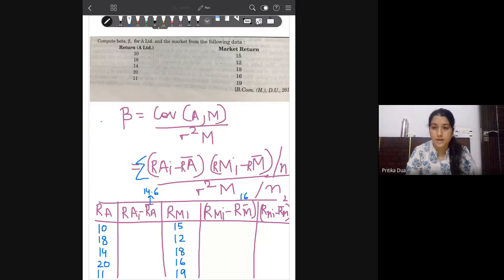Yeah, that is square in the last column, क्योंकि आपने जब variance calculate करना है या standard deviation calculate करना है, so then you are using the last column. Okay, and there will be another column where you are multiplying this. This is column 2 into column 4. तभी आपका ये वाला term आएगी.